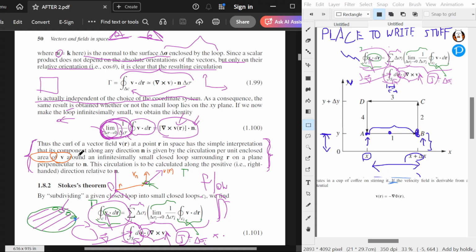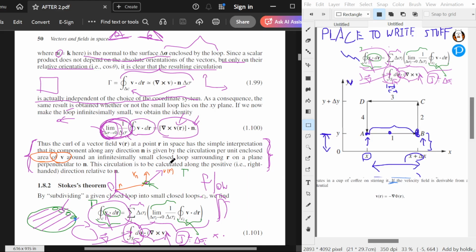The curl of a vector field V(r) at a point r in space has the interpretation that its component along the n direction is given by the circulation per unit enclosed area around a really small loop surrounding r on a plane perpendicular to n.